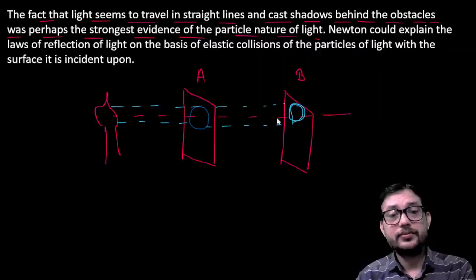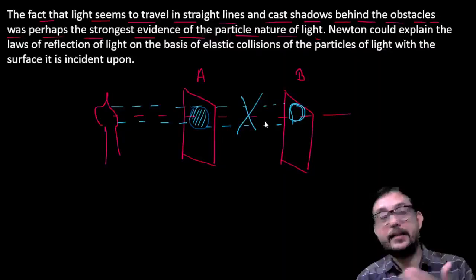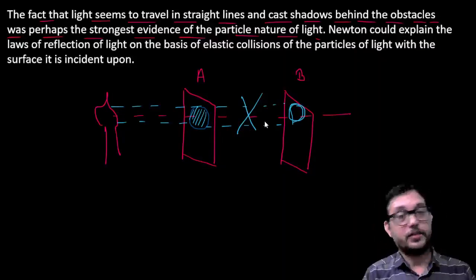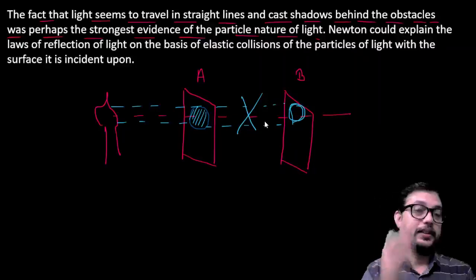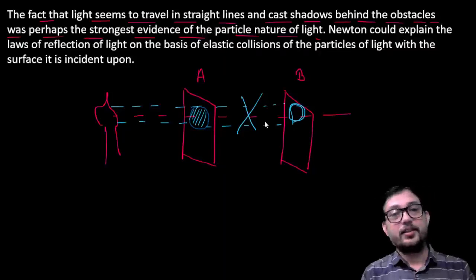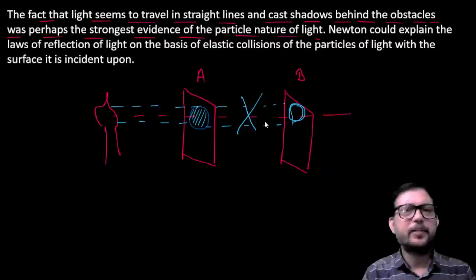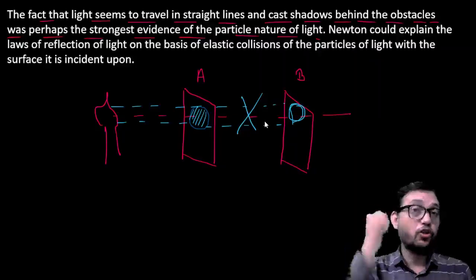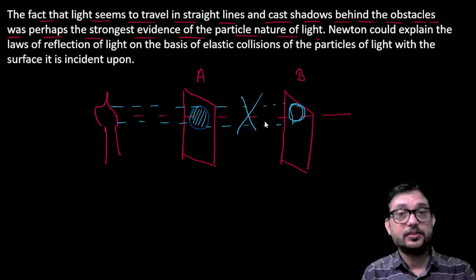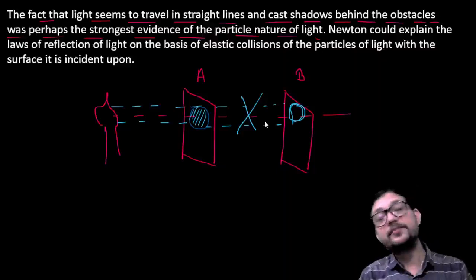Now if we cover that hole, then we will get no light at cardboard B. It means we can simply say that the light is stopped by cardboard A. So these are some basic observations, some basic experiments made by Newton, and we can say that they are the strongest evidence that demonstrates that light travels in a straight line.